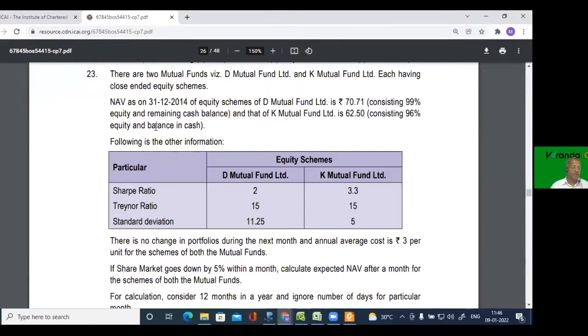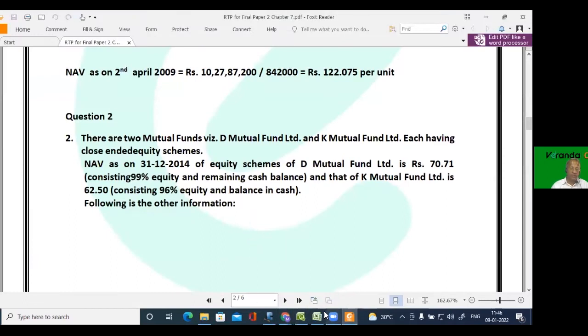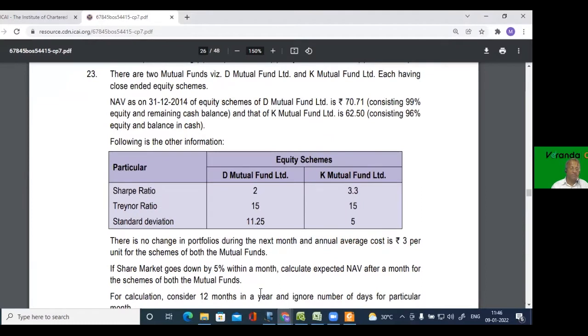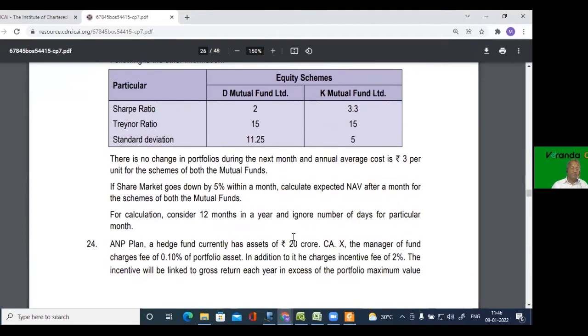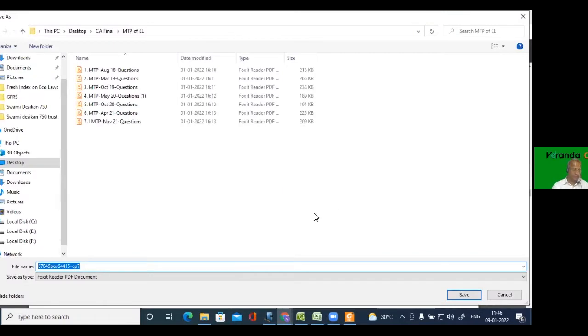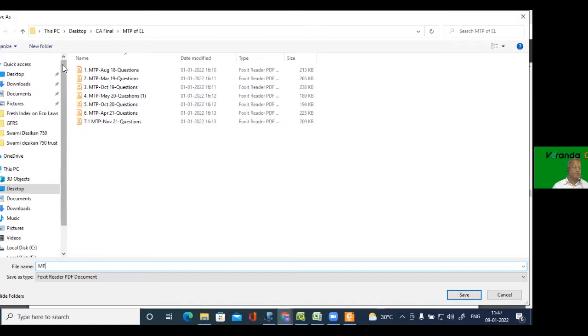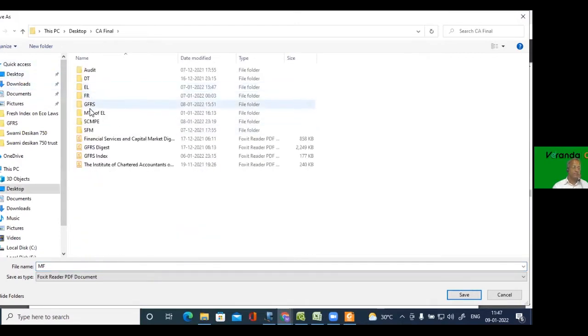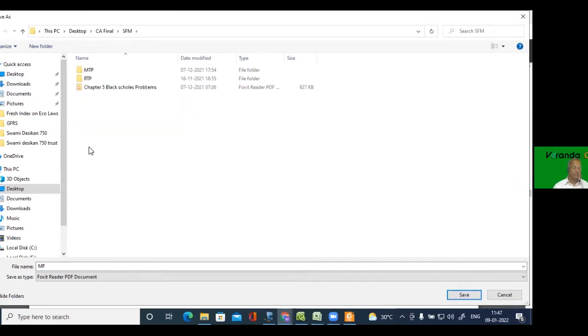The following is the information that is pending. Are you seeing that? Following is the other information. You don't have it at all here. Okay. Let me download that mutual fund study material.